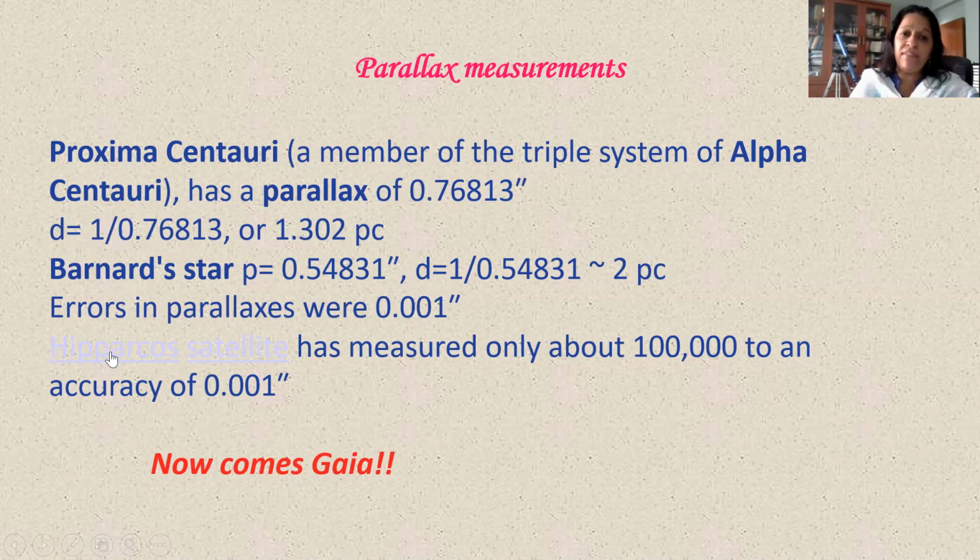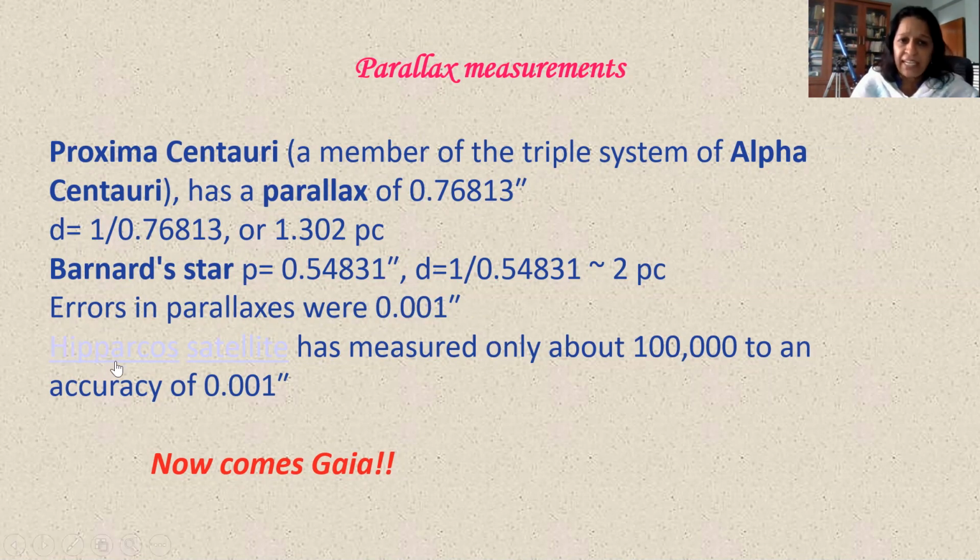The next star which we have is Barnard's Star, which has a parallax angle of 0.54, which is approximately 2 parsecs. Now the errors generally in the measurement of parallaxes are about a milliarcsecond, and therefore your accuracy in your measurements gets affected. So you cannot use this for something very, very far away.